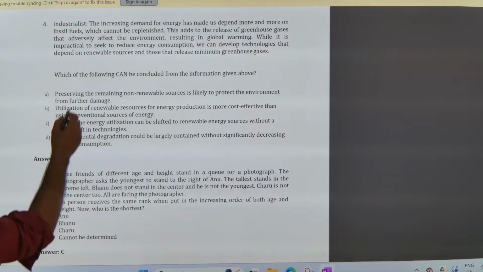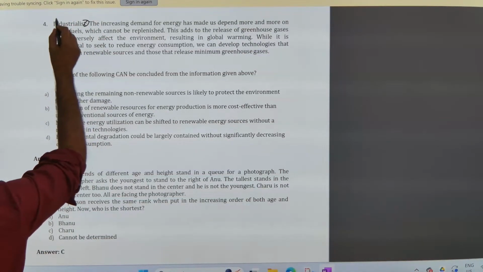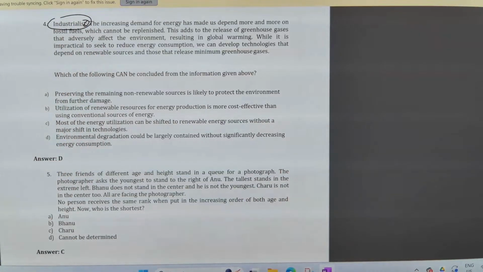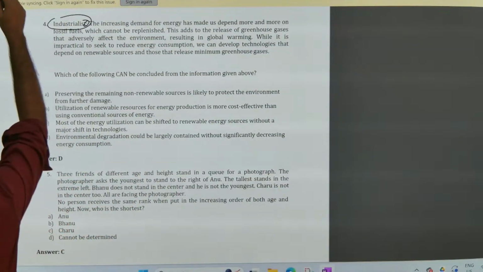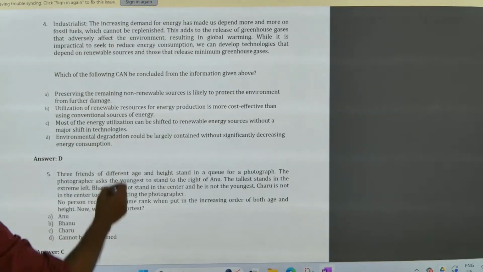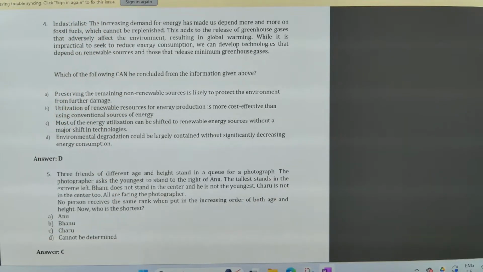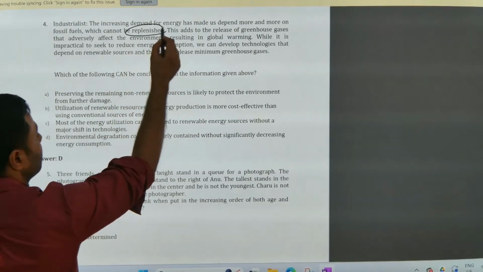So industrialist colon, that means this statement is made by an industrialist. The increasing demand for energy has made us depend more and more on fossil fuels, which cannot be replenished. So it is a generic statement. Energy demand has been increasing. Because of that, the dependence on fossil fuels has been increasing, and fossil fuels cannot be replenished.